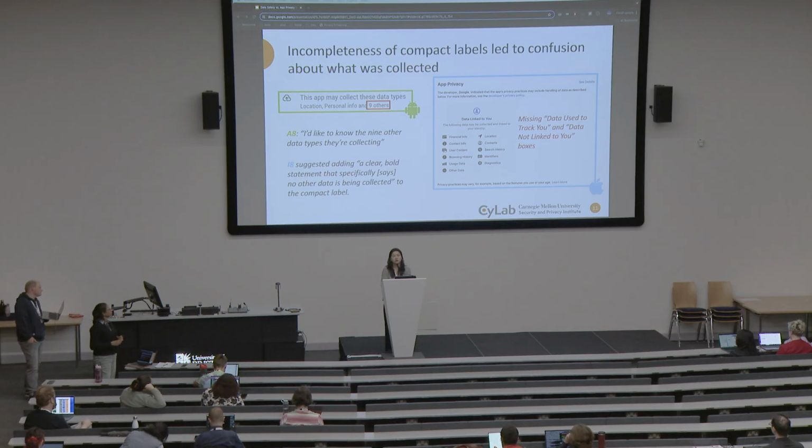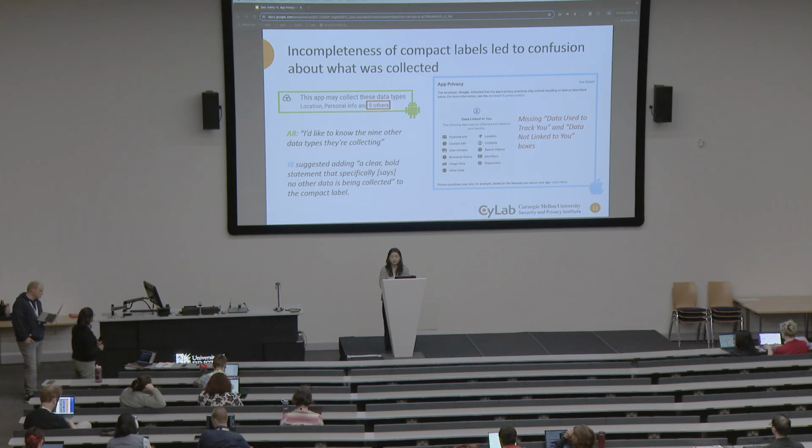I can't recall off the top of my head if any users said that they would want less information, but we saw that, for example, for Just Dance Now, which is a dancing app, users saw on the compact label that this app was collecting their location information. But when they went to the expanded label, the app was collecting only their coarse location, not their exact location.